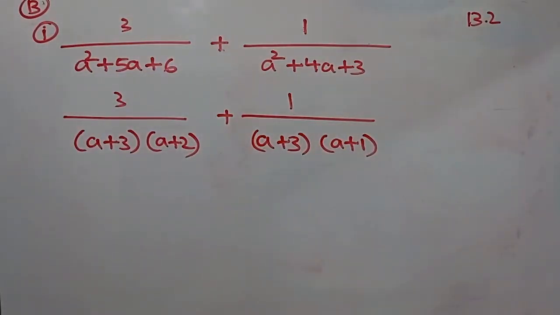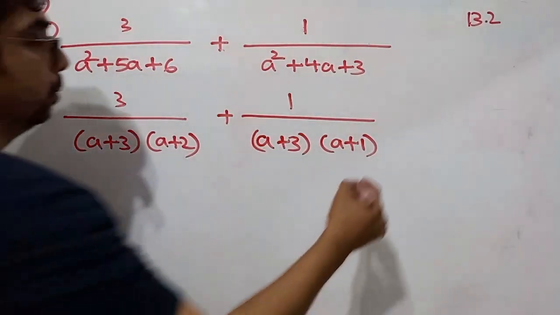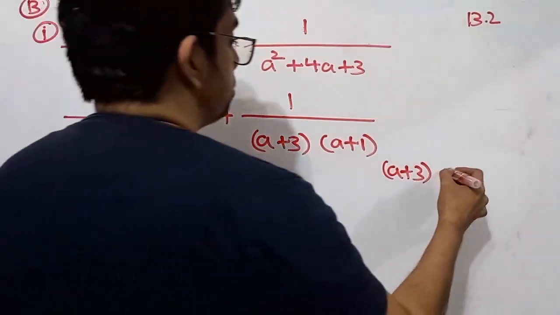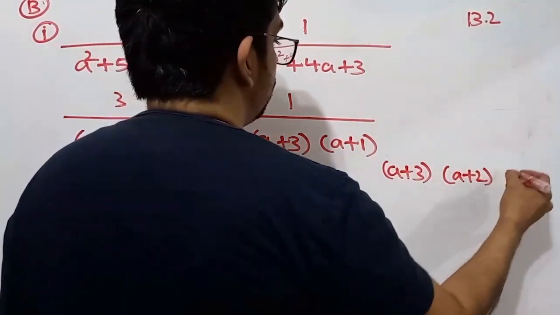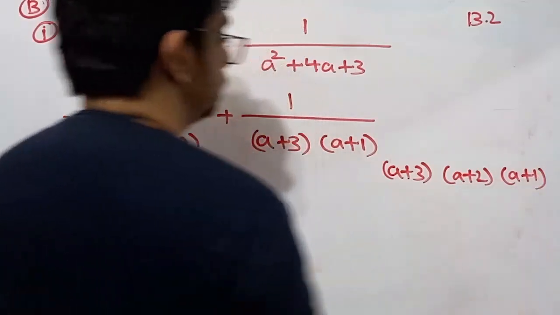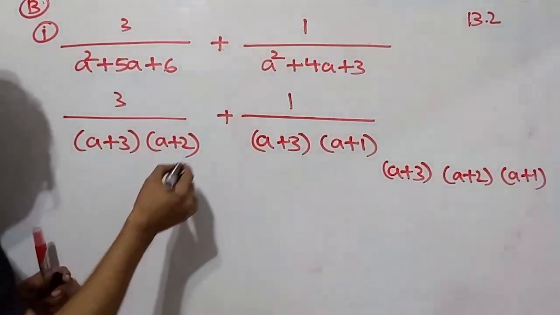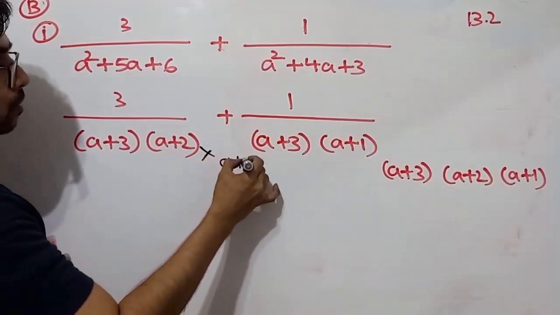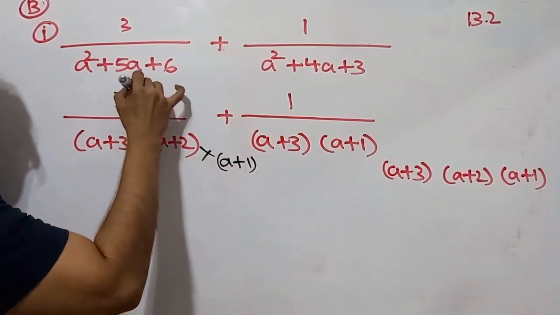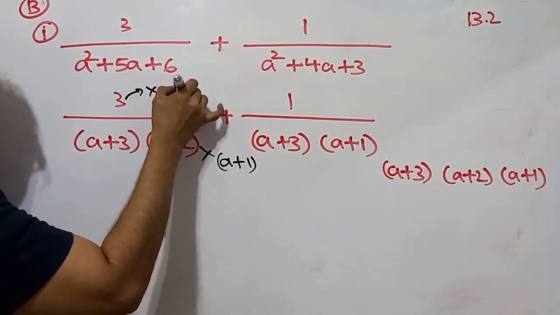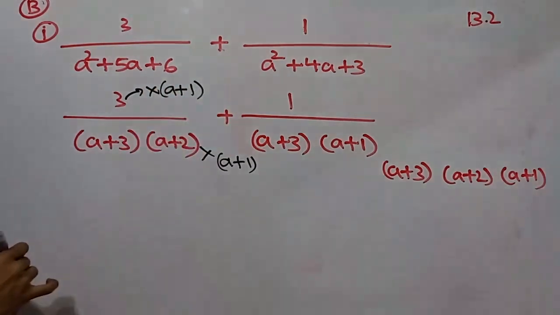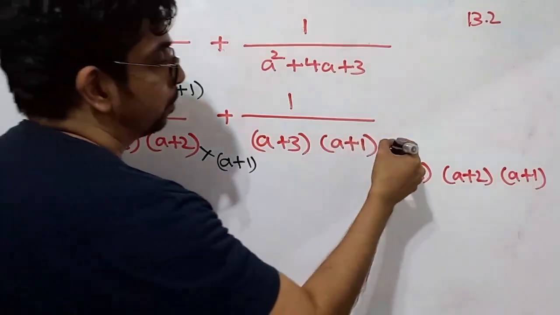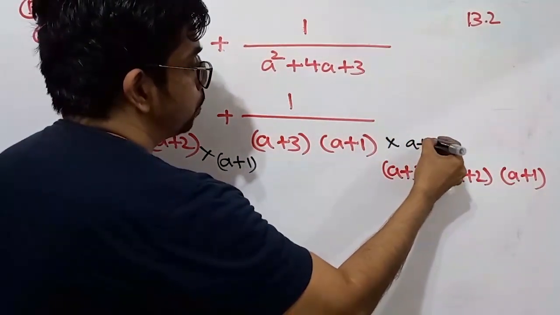Okay. Then what should be the least common multiple? (a plus 3)(a plus 2) and (a plus 1). That means we need to multiply this expression by a plus 1. So we need to multiply the 3 by a plus 1 as well. These two expressions we need to multiply by what? a plus 2.